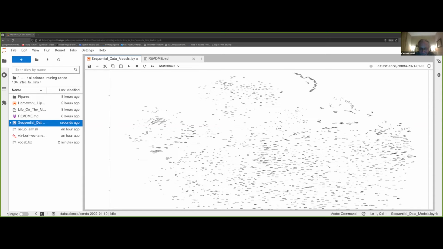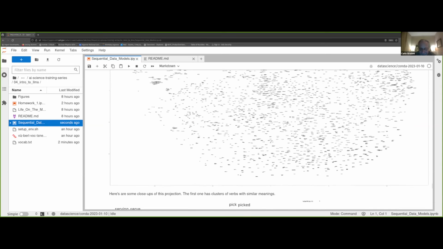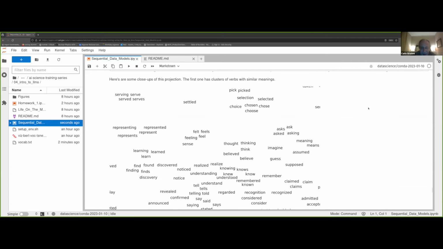Now, as we go down to some of the zooms that are static images in this, if you could scroll down a little bit. Here's a zoom in from a region that appears to show clusters of verbs with similar meaning. So this is actually a blow up of a small region in that picture. Okay, so you can see pick, picked, selection, selected, chose.